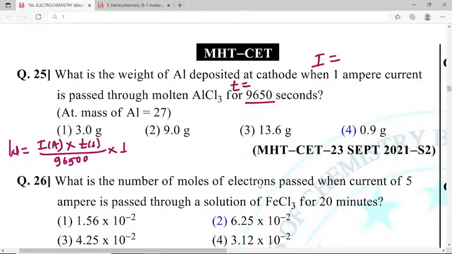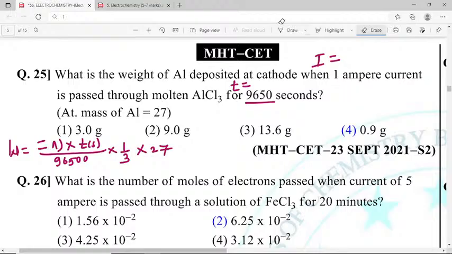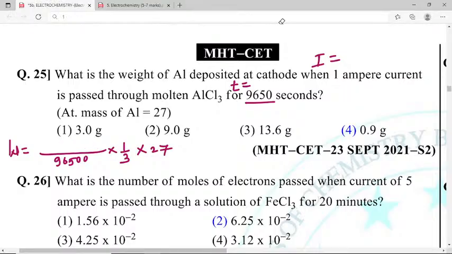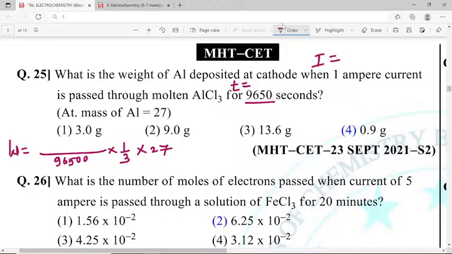Aluminum ratio is 1 by 3, multiplied by molar mass 27. So this is 1 ampere multiplied by time, divided by 96500. 9650 get cancelled, we get the answer 0.9. Please check, 0.9 is your answer.